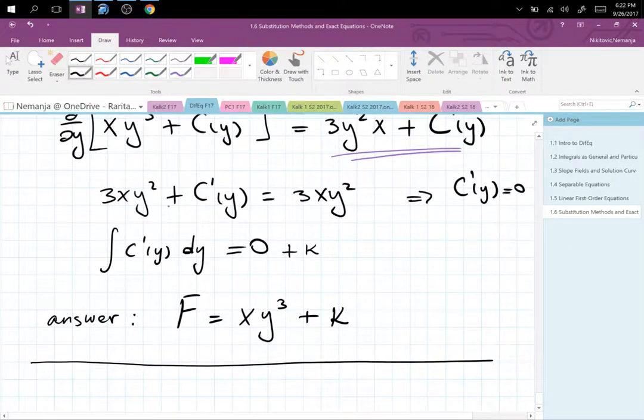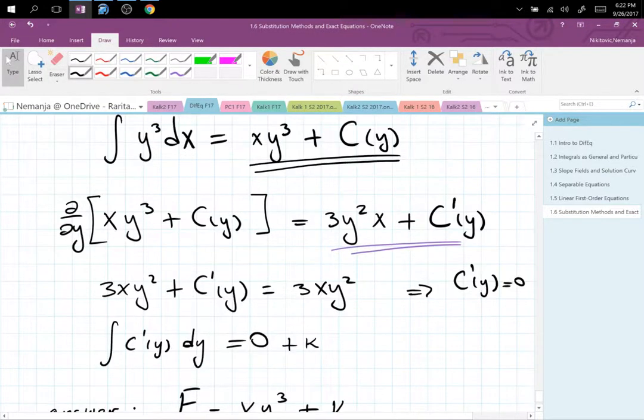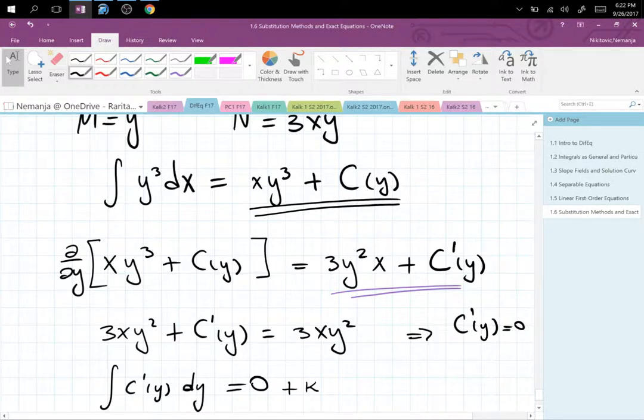I use it to compare, so they cancel, and I see that c prime of y is equal to 0. Well, this is where the solution is. So this is a partial solution, which we make better by differentiating it in respect to the other variable.